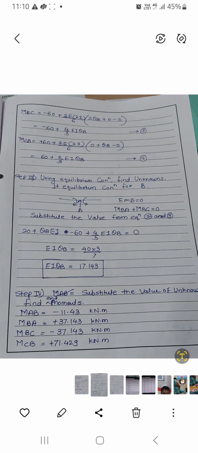After that you have to resubstitute the values which we calculated in the previous step, that is step number 4. All these final moments should be redistributed in this final end moment. So at support A, the MAB moment should be drawn here, at support B, the MBA moment should be drawn here, and at support C, the MCB moment should be drawn here.